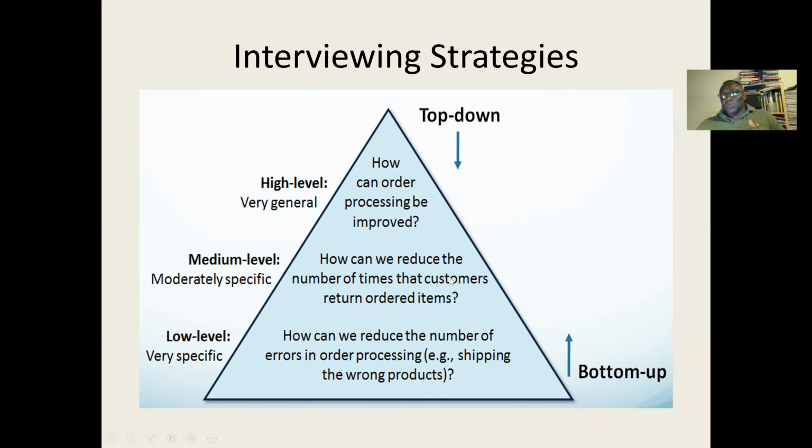Bottom-up means, because by having an error in our orders, most likely the order will be returned back to us. So top-down means we start with the outcome and break it down, getting detail into the causes of the outcome. Bottom-up means going from the causes to the outcome. So we have the high level, medium level, then low level. Low level is more specific. So here we can see an example: how can we reduce the number of errors in order processing?